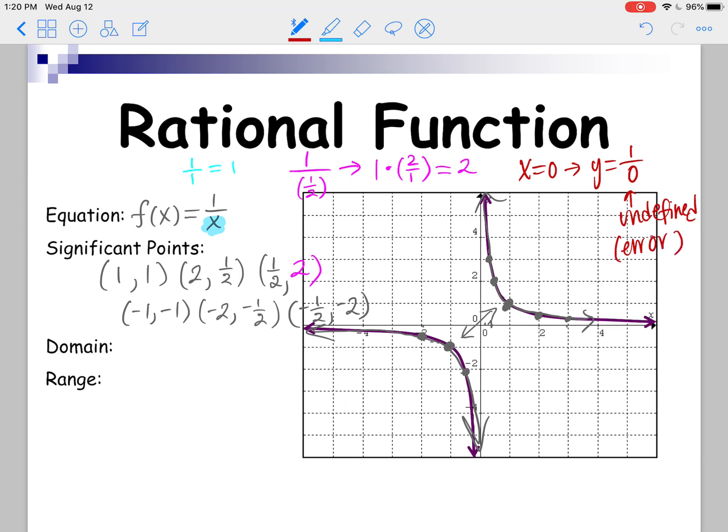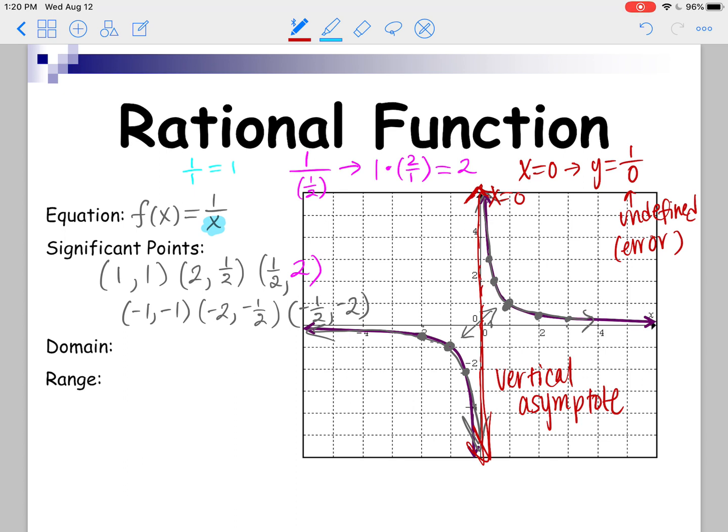You can't divide anything by 0. And so that's why at the x equals 0 line, this vertical line x equals 0, we have what's called a vertical asymptote. Okay, and that's because we're not allowed to plug in x equals 0. And so you're seeing there's no input or output to go with x equals 0.